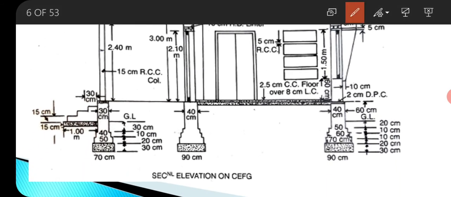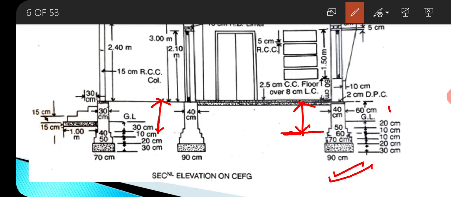See here, the total depth or thickness of the plinth wall is 90 centimeter. In this depth of 90 centimeter, in case of the main wall, there are two different types of footing.